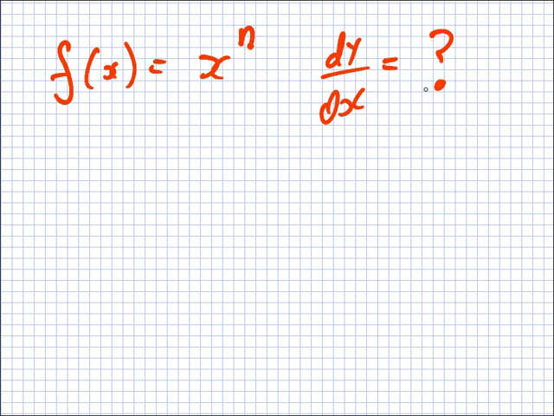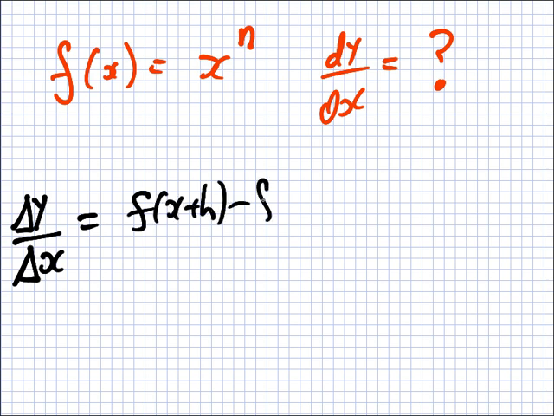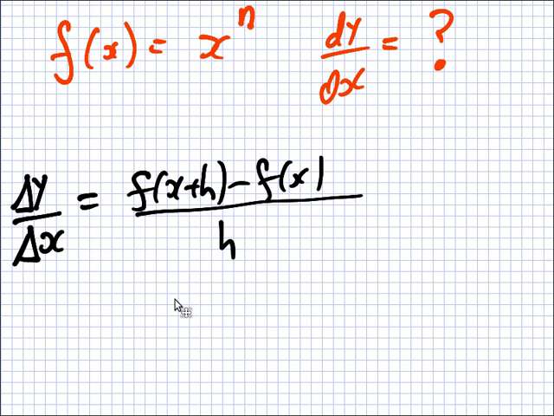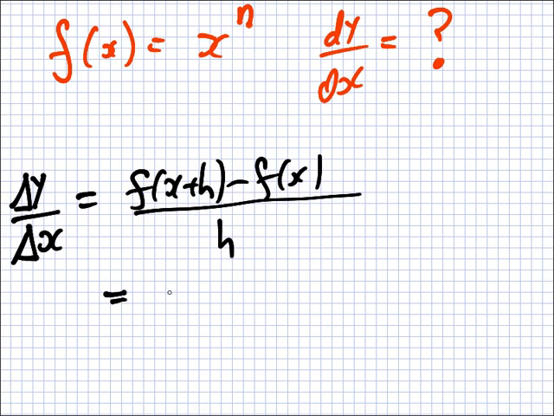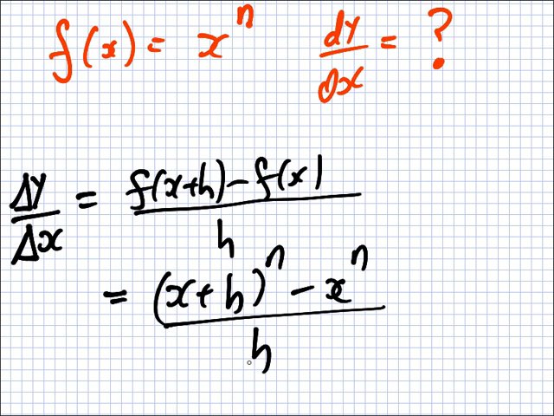So let's start. Our formula, remember, delta y over delta x is f(x plus h) minus f(x), over h. In this case, that's (x plus h) to the power n minus x to the power n, over h.